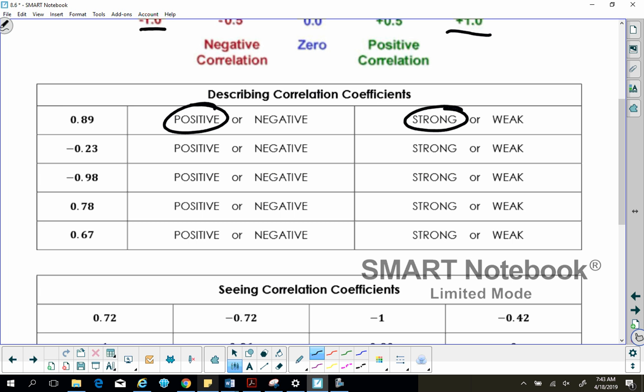Now you're going through each one and circling, is it positive or negative, and then is it weak or strong?